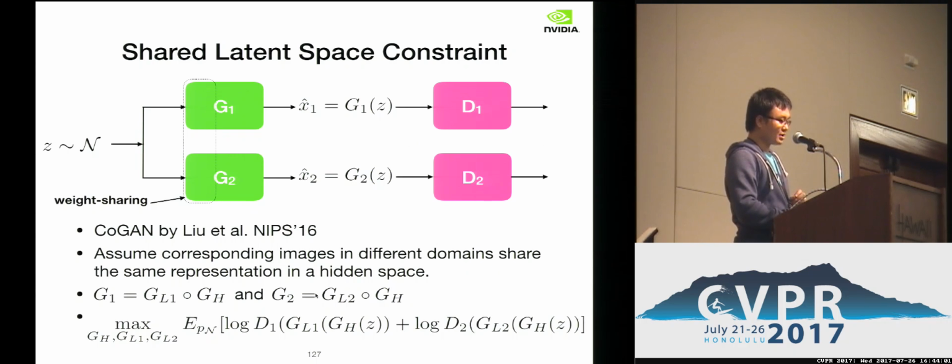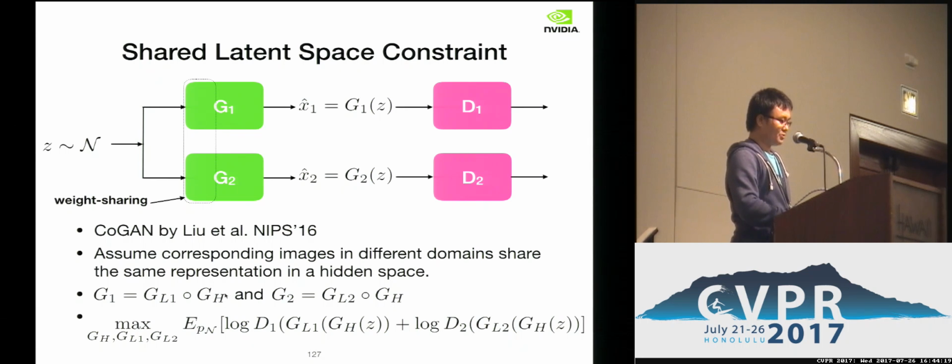With GAN, again to recap, we share the high-level weights. So it effectively decomposes the generator G1 for the first domain into two parts, a low-level generator and a high-level generator.